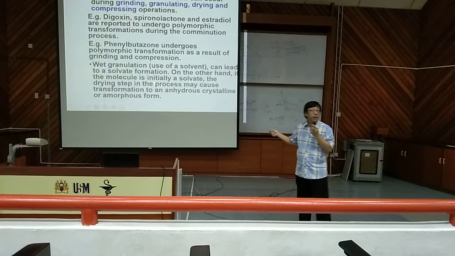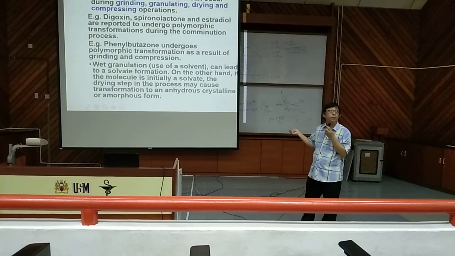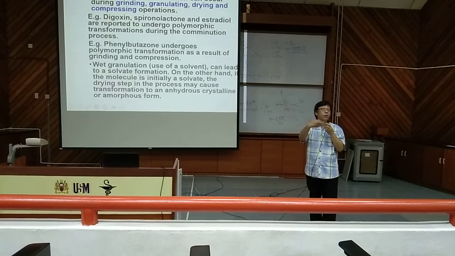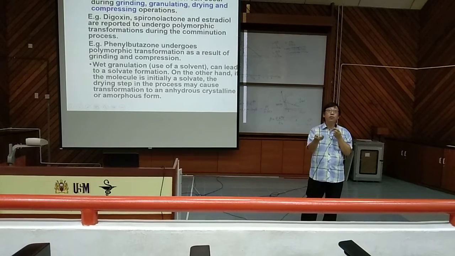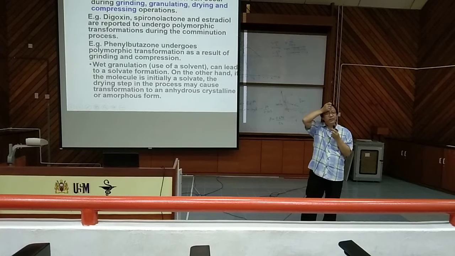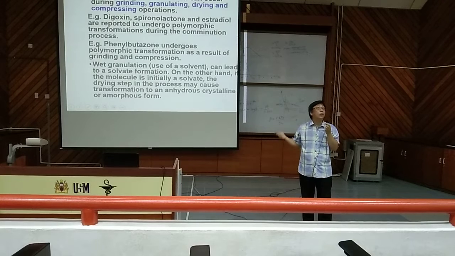You know what solvate formation is? Understand that? Wet granulation, you can use a solvent. A lot of times you use water. But if the compound is easily hydrolyzed, for example vitamin C, or some drugs like the penicillin group, they are very easily hydrolyzed when you use water. So what do you do?